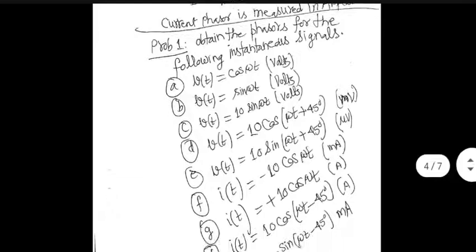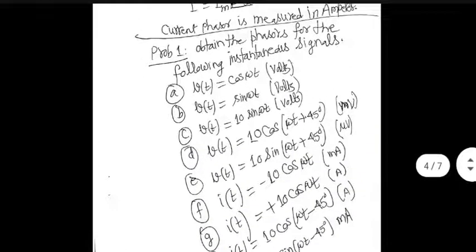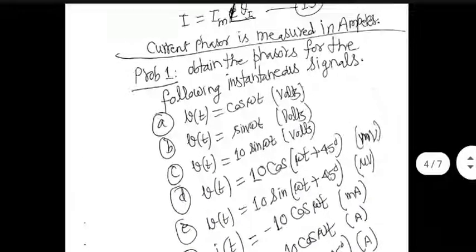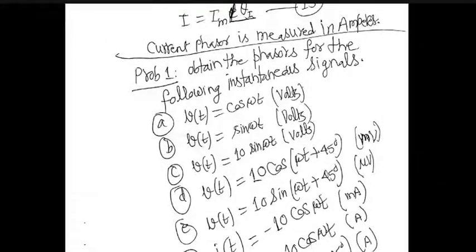There's a lot of solved examples here for calculating phasors of given instantaneous currents and voltages. I don't think I want to go too far.